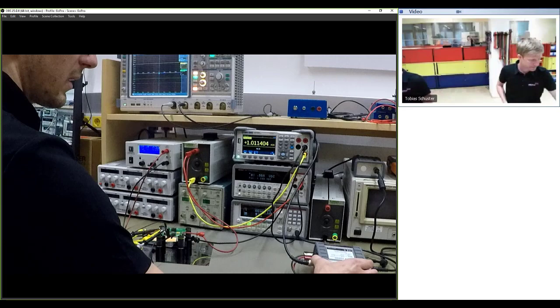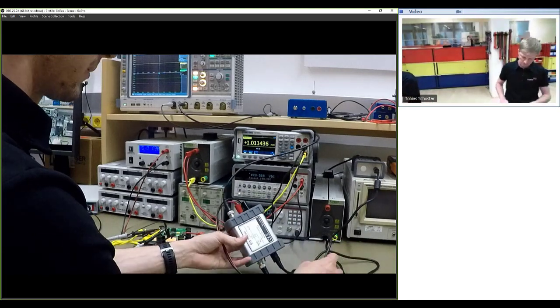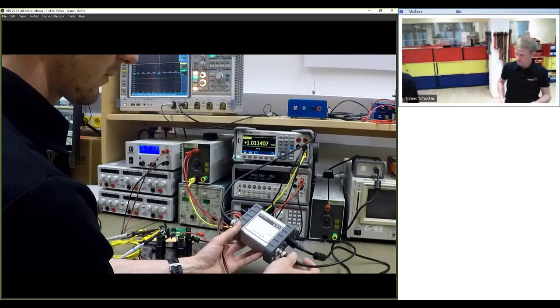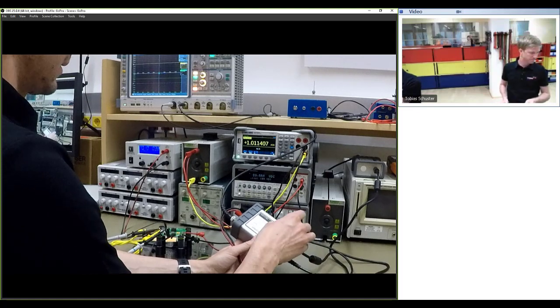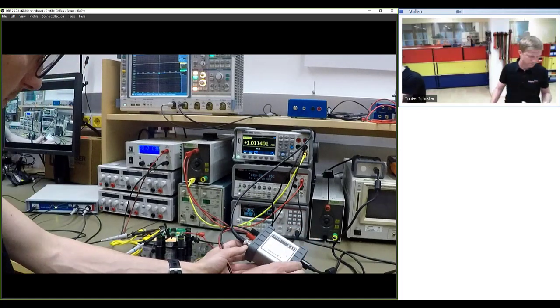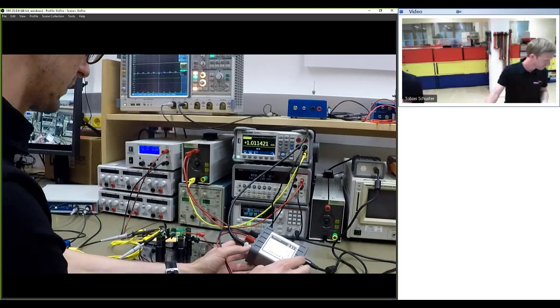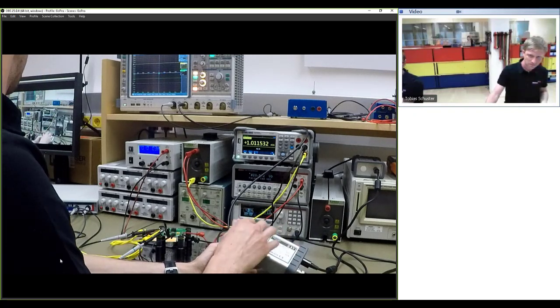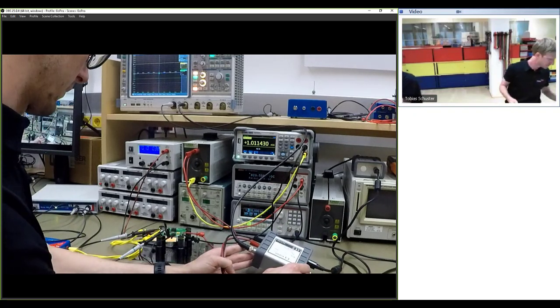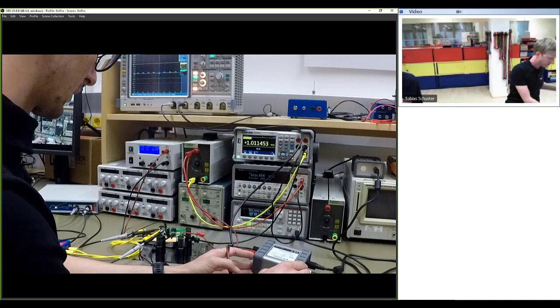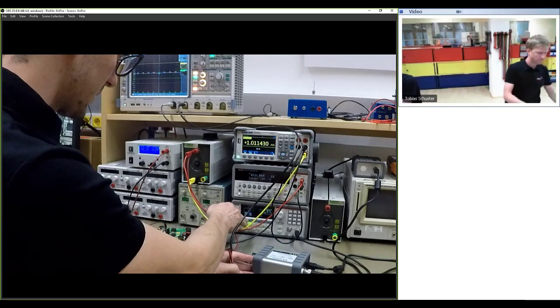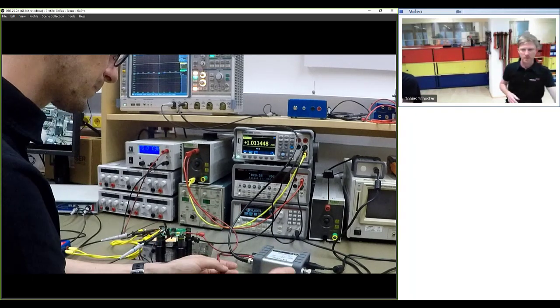So we here have the current injector from Picotest, whose modulation input is connected to a waveform generator. This waveform generator is set to a square wave of 1 kilohertz, and the signal is 4 volts peak.